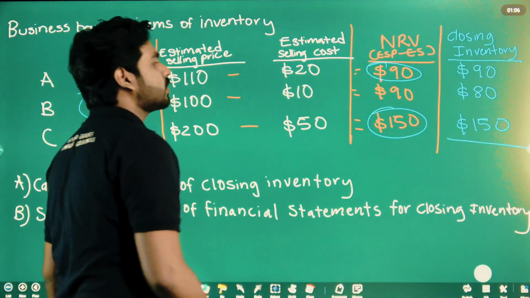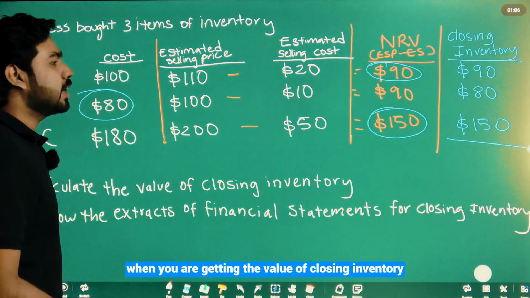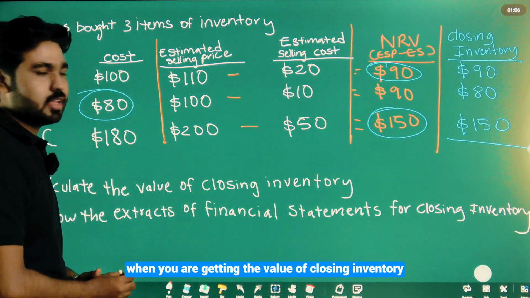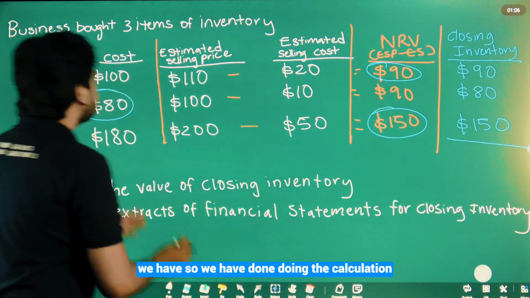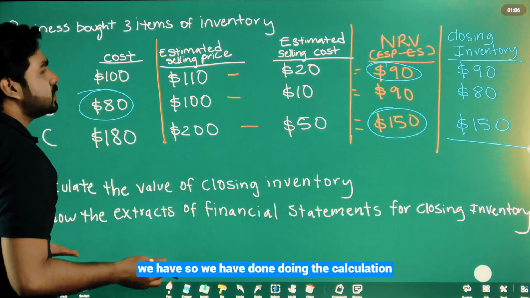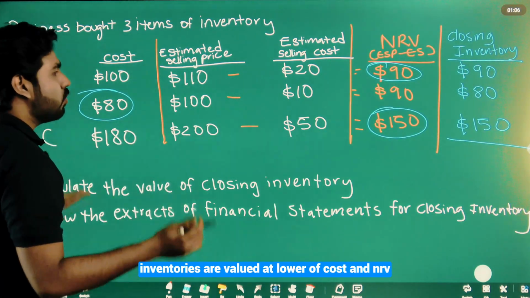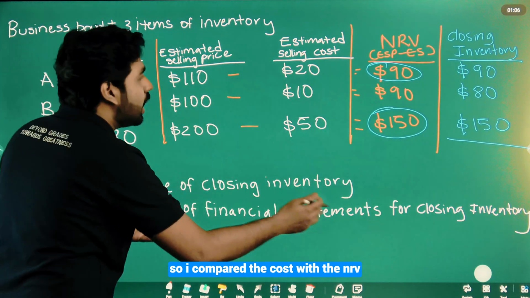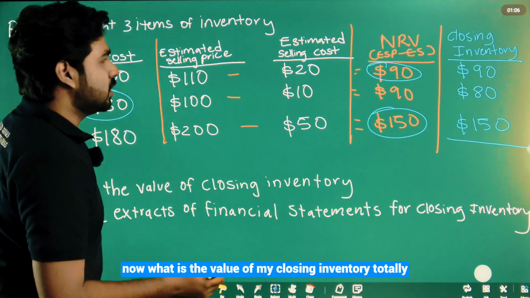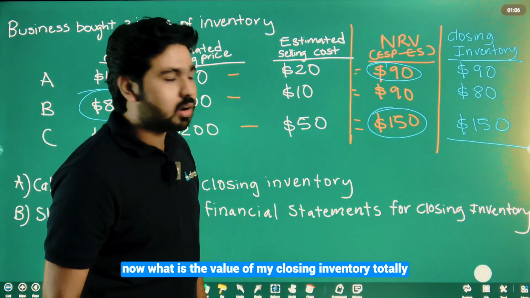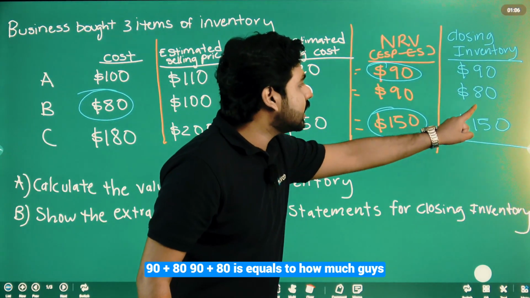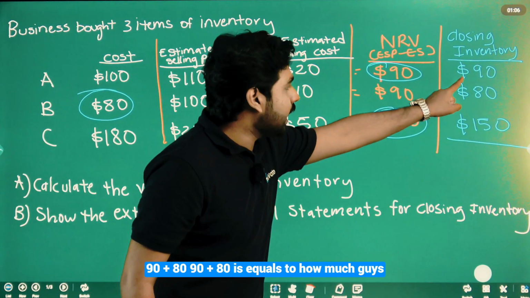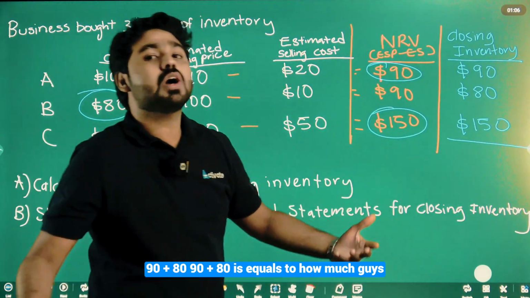Now, when you are getting the value of closing inventory, as we have done during the calculation, inventories are valued at the lower of cost and NRV. So I compared the cost with the NRV, I took the lower. Now what is the value of my closing inventory totally? 90 plus 80. 90 plus 80 is equal to how much guys?